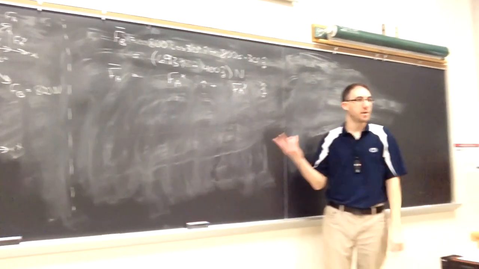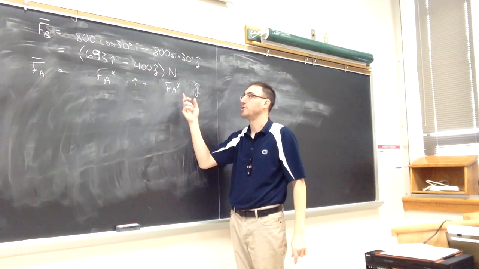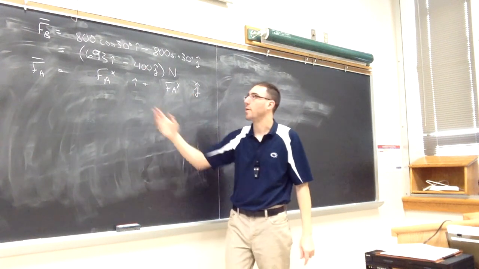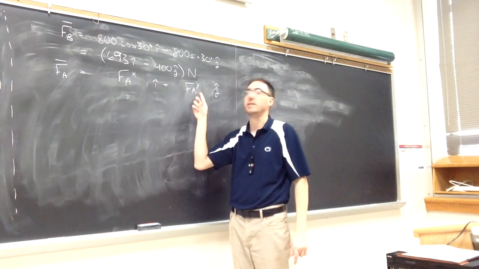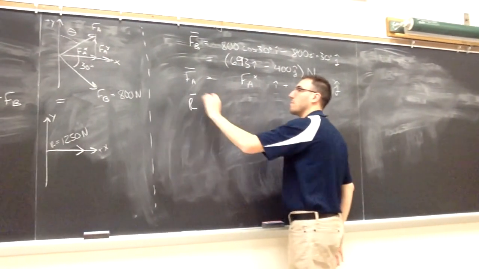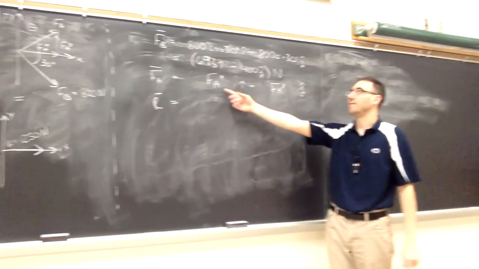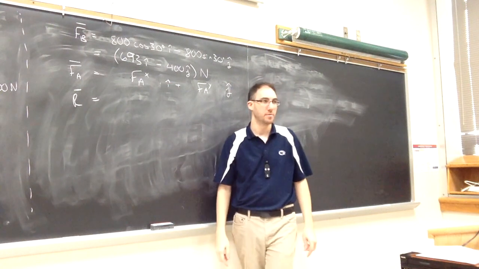I still have two unknowns, but now they're the coefficient in front of i and the coefficient in front of j, rather than the magnitude and the direction. This as an intermediary step is going to be easier to do. So eventually I need to find FAX and FAY, so I'll need two equations to find these two unknowns.